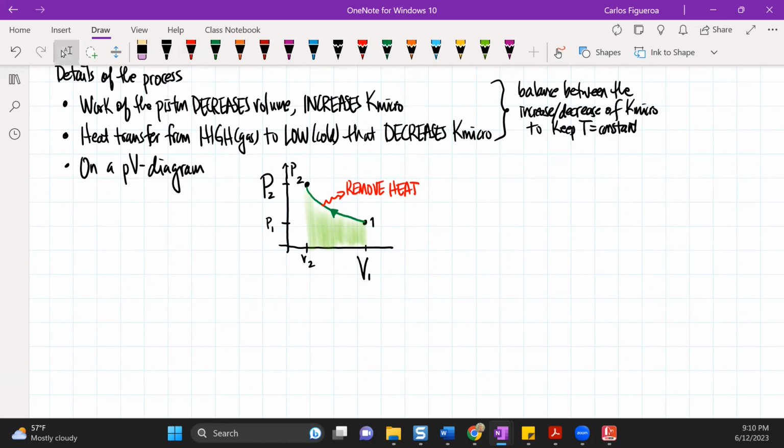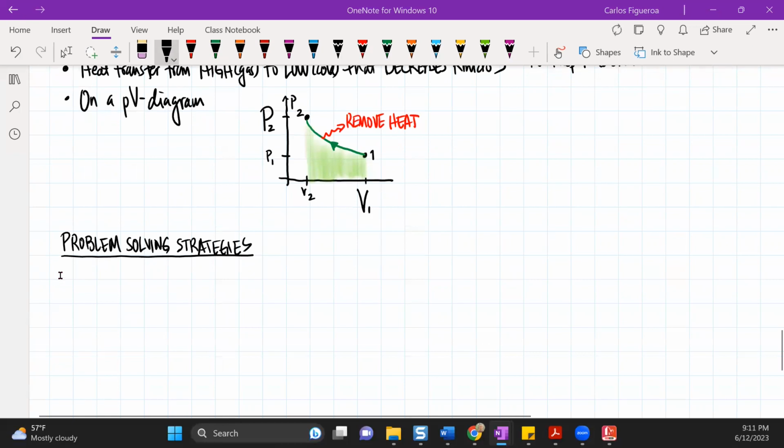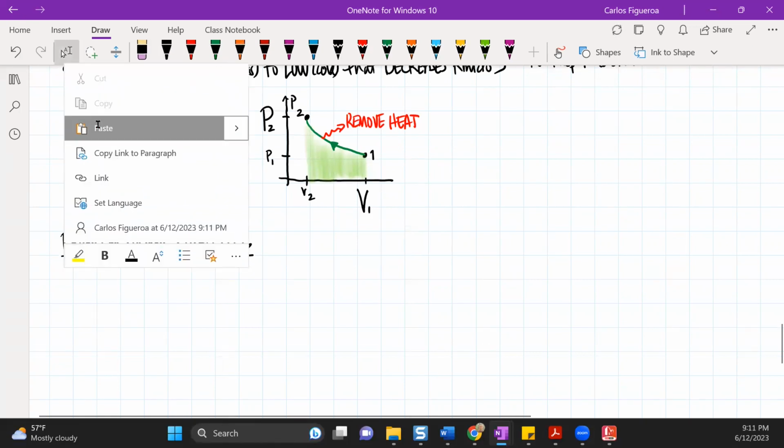Now, just to finish off the section, we want to think a little bit about problem solving strategies. And this is right off the web page. And there's some material in here that we haven't covered yet, but I just want to look at this with you.